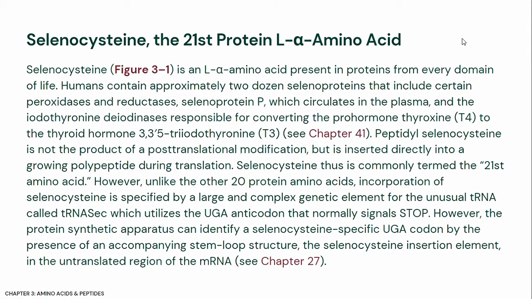Now, this one, selenocysteine, is now considered as the 21st alpha L amino acid. So we have here L amino acid. Now going back to your organic chemistry, what does L mean?